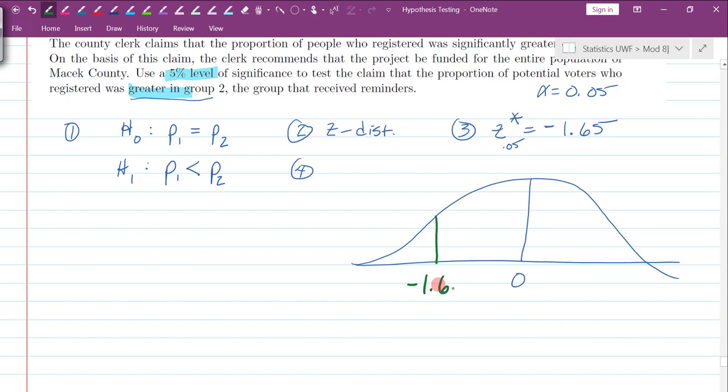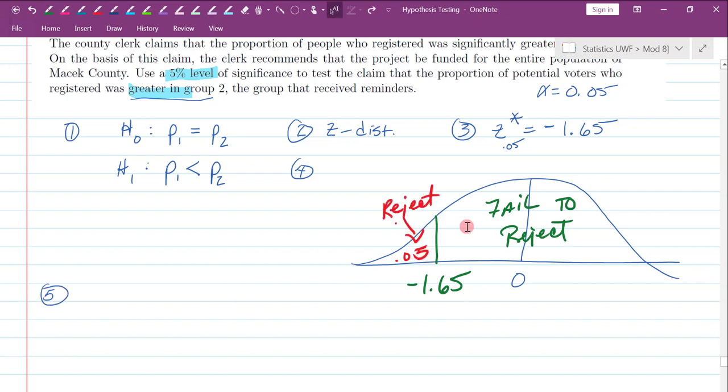And here is where I fail to reject. In here, I put my alpha 0.05, and I'm going to reject in here. So step 5, I need to determine what p hat 1 is, and then also p hat 2.